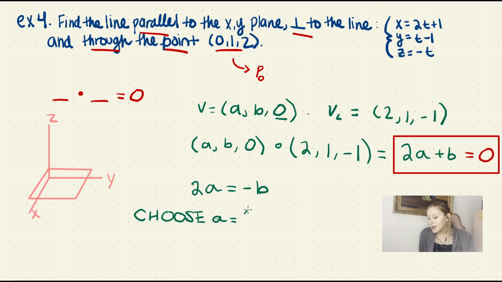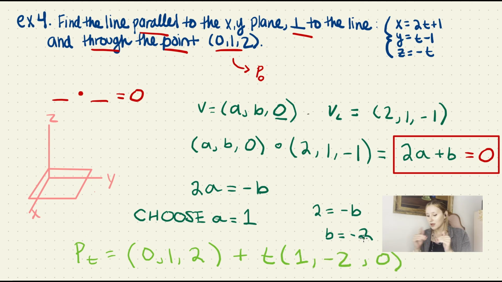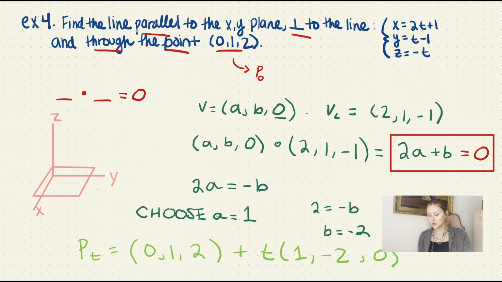So then we get B, which is minus 2, and boom, that works as a directional vector because it is parallel to the xy plane because the z direction is 0, and it's perpendicular to the line, which we did with the dot product being set equal to 0. Great. So p(t) equals 0, 1, 2. Boom. Plus t times 1, minus 2, 0. Okay, great. So that was the last example.